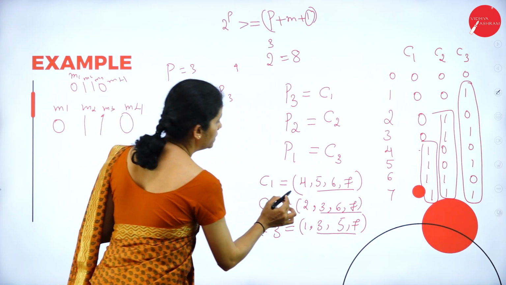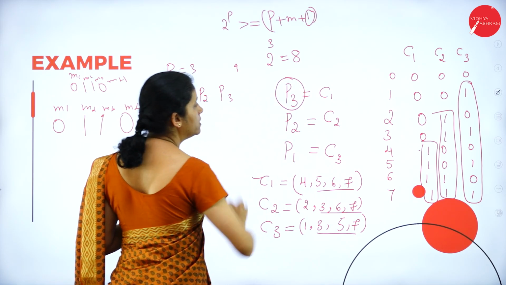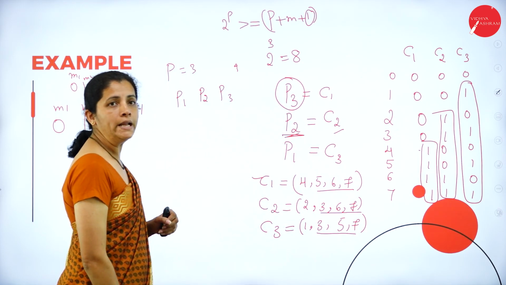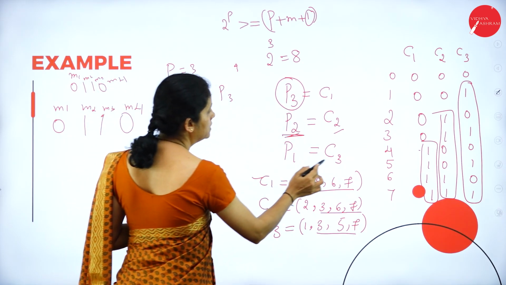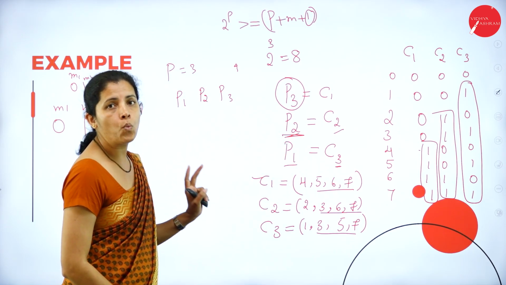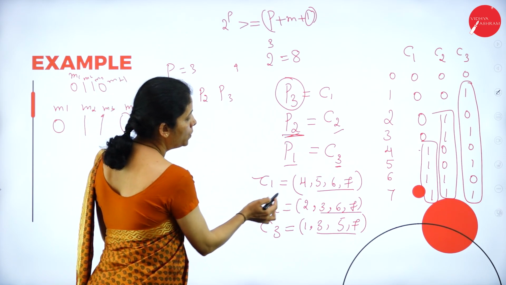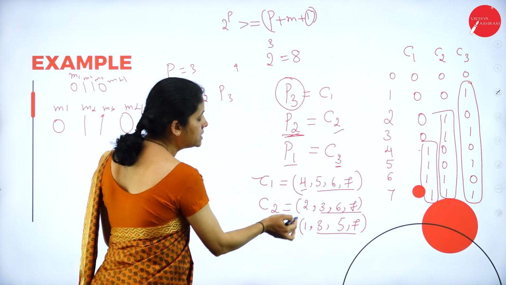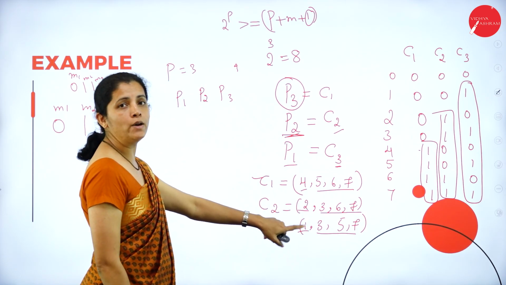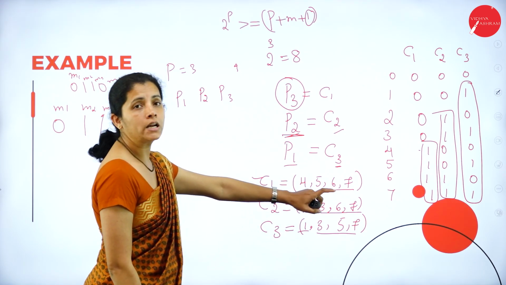Here C1 is the parity bit P3, C2 is the parity bit P2, and C3 is the parity bit P1. Now, see here, the unique positions are 4, 2 and 1, and other numbers are repeating.